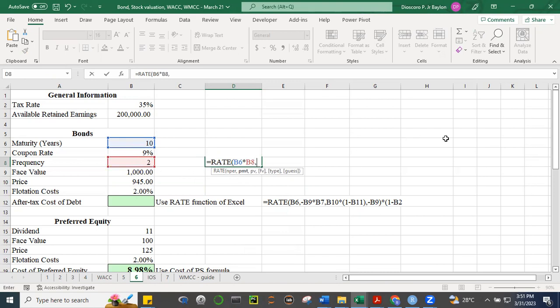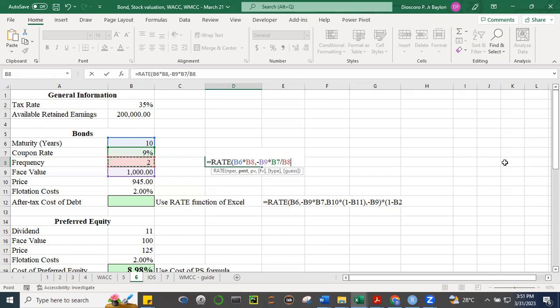Our PMT, magbabayad tayo, ano? Ng interest payment. So this, let's put this as an outflow. Negative 1,000 times the 9%, okay, divided by 2.